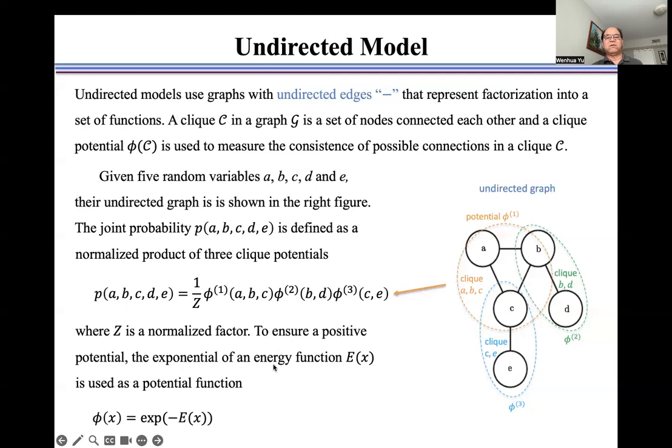The exponential of an energy function E is used to define a potential function. Namely, use the exponential of negative E to define a potential function phi.